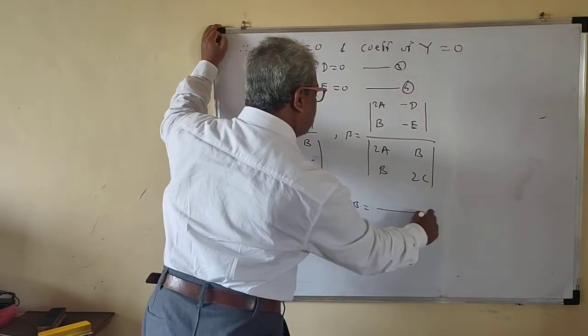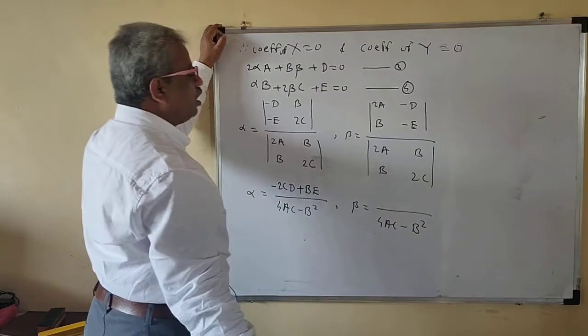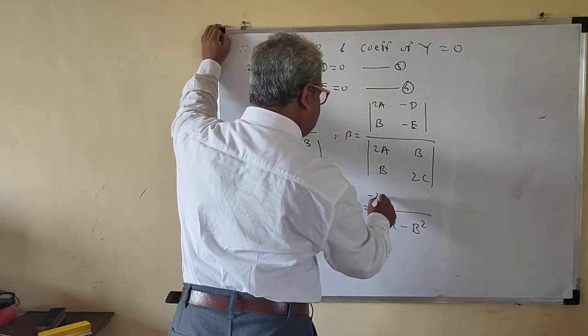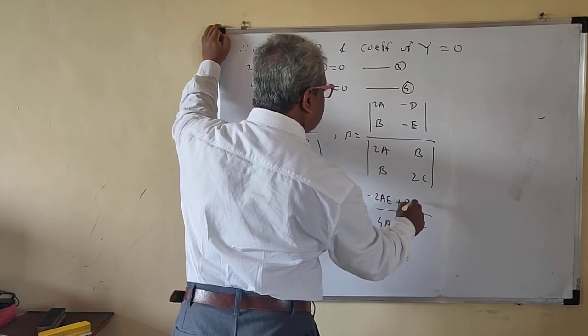Now beta is equal to what? This is 4ac minus b square. Okay, so now this is minus twice ae plus bd.